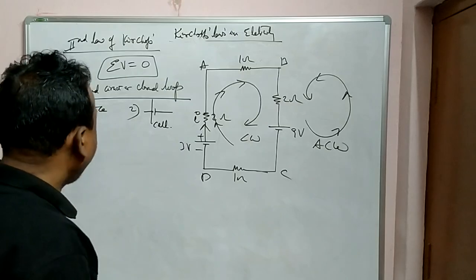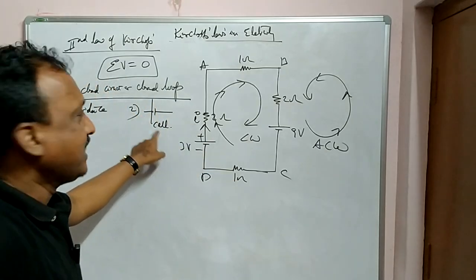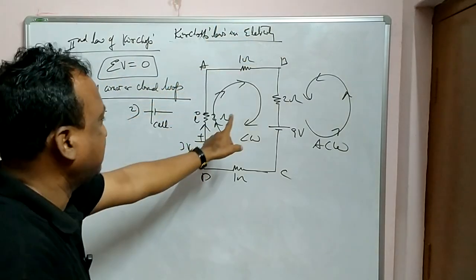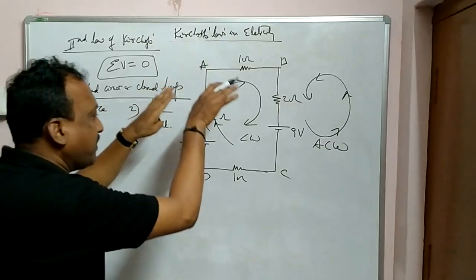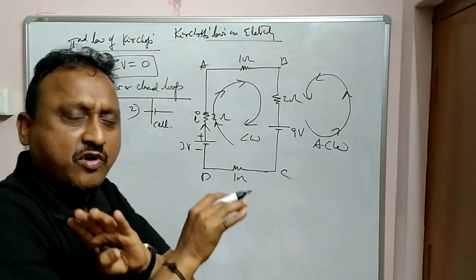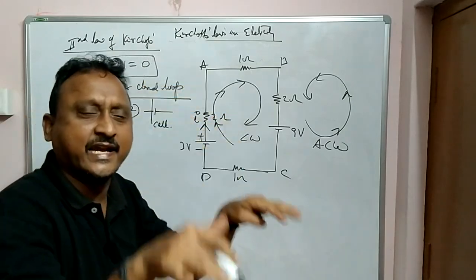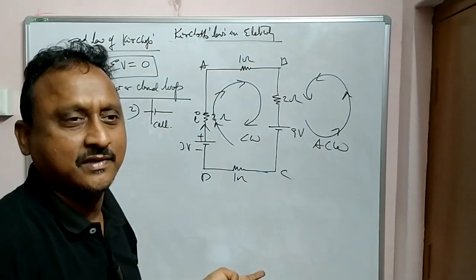Please make a note, for resistance it is different and for cell it is different. For example, you are going along the direction of current. If you are going along the direction of current, there will be a potential drop, negative. And for cell, what happens? There is no effect of current direction. If you are going from positive to negative, take negative value. If you are going from negative to positive, take positive value.